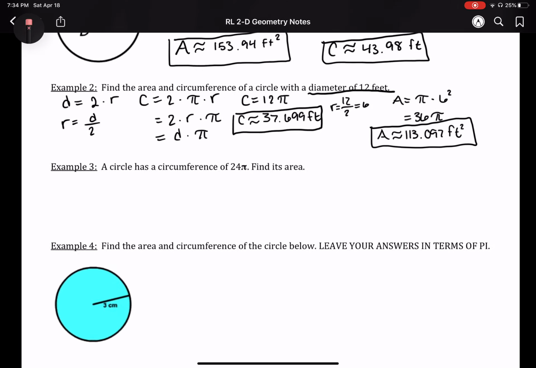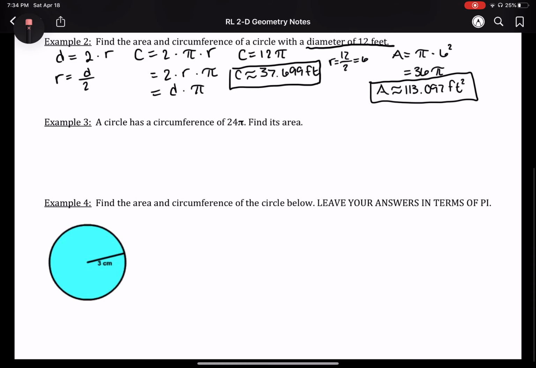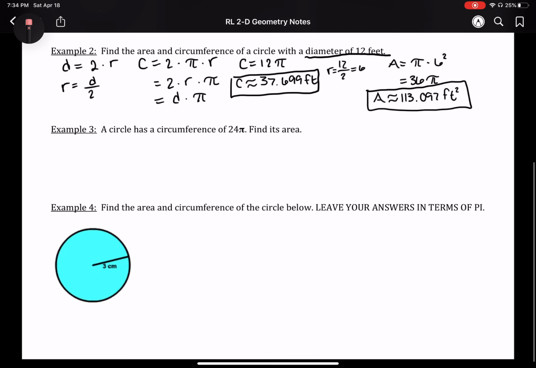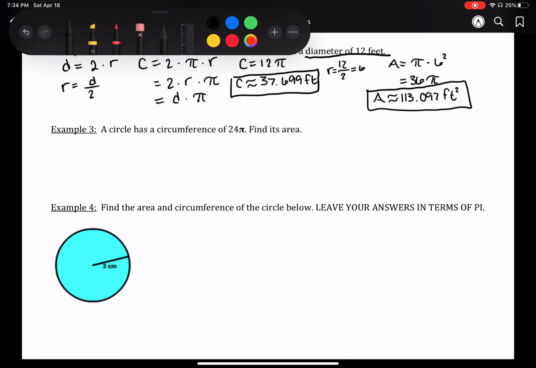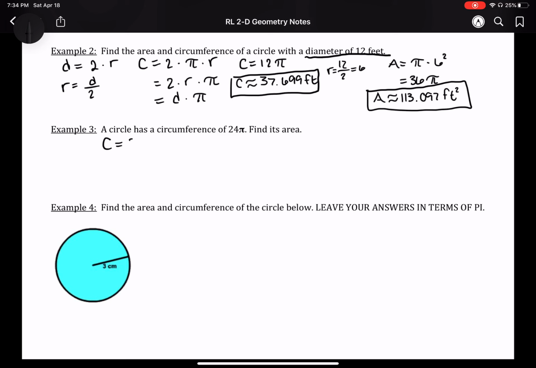We're going to continue on. Example 3 says a circle has a circumference of 24 pi. Find its area. Okay, so our circumference formula is C is equal to 2 times pi times r. And it's saying that our circumference is equal to 24 pi.